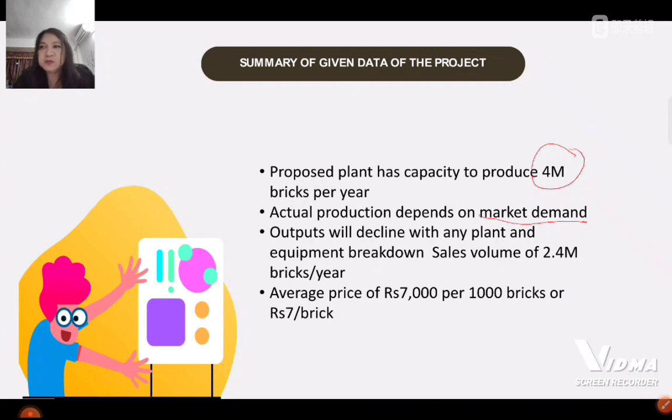Since machines also wear and tear with use, outputs will decline when one equipment breaks down or the plant shuts down for some reason. So therefore, the expected sales volume is at 2.4 million bricks per year. The average selling price is 7,000 rupees per 1,000 bricks or 7 rupees per brick.